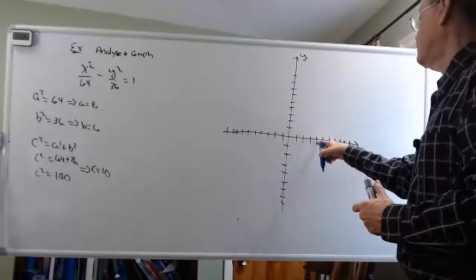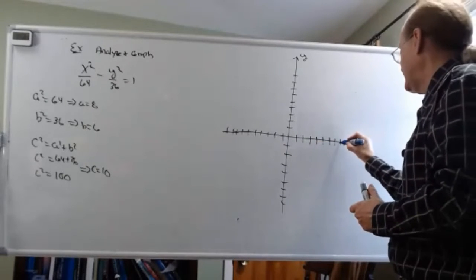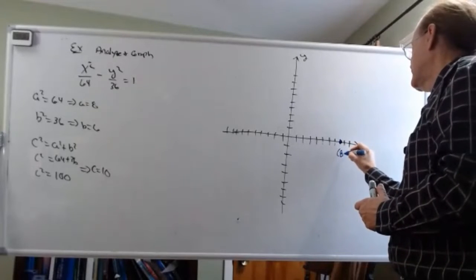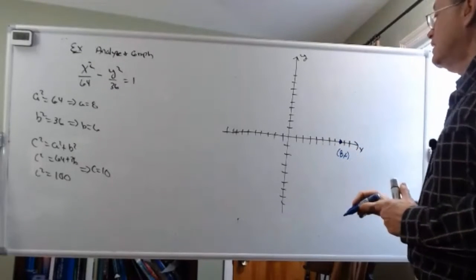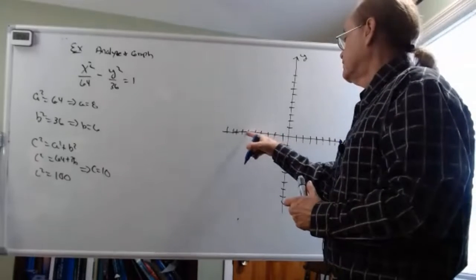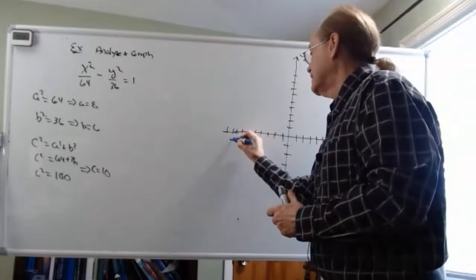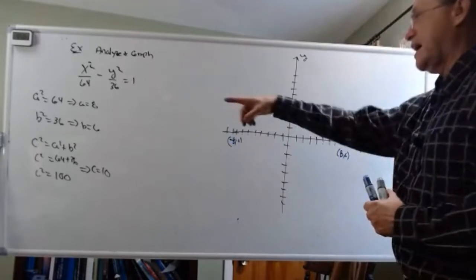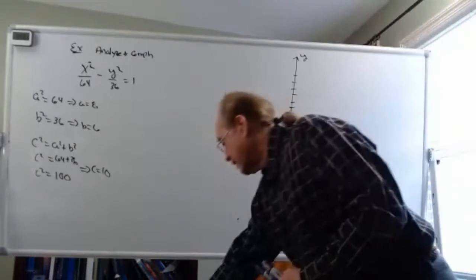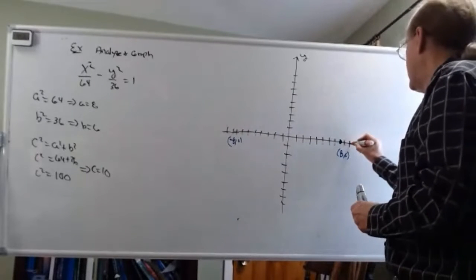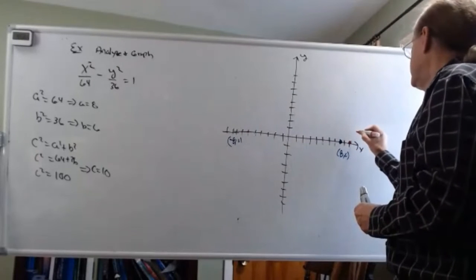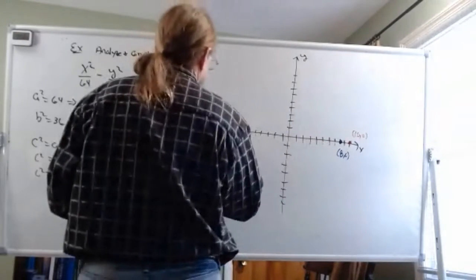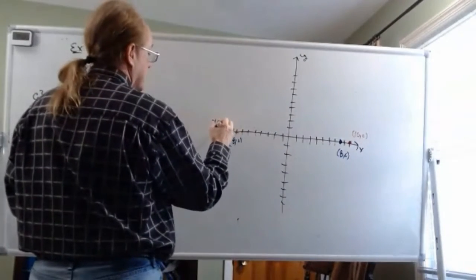We go 1, 2, 3, 4, 5, 6, 7, 8. That's one of my vertices. So 8, comma 0. And then 1, 2, 3, 4, 5, 6, 7, 8. So minus 8, comma 0. Let's put it in while I have it. My foci over here. I go 2 more out over here. That is equal to 10, comma 0, and 2 more out over here. That is minus 10, comma 0.